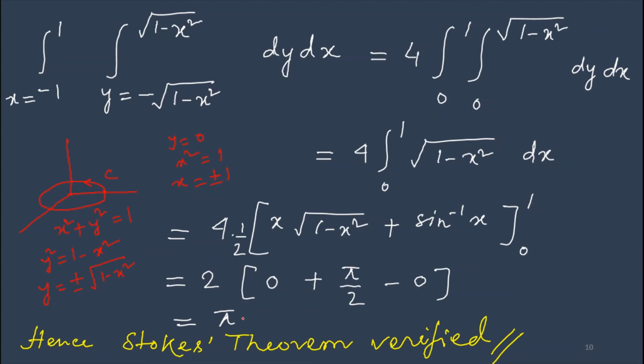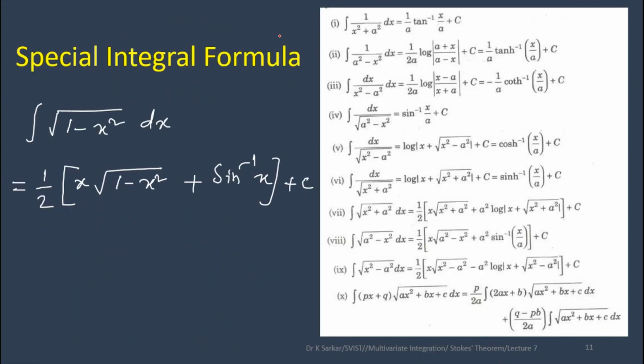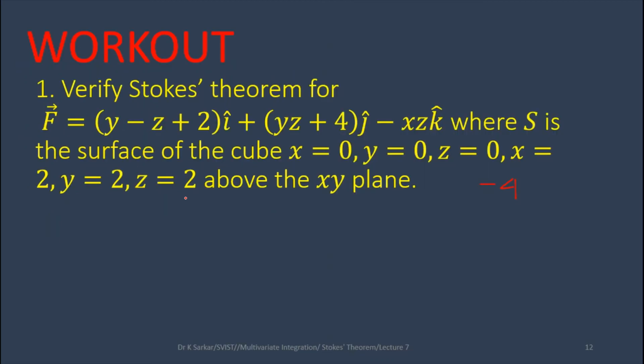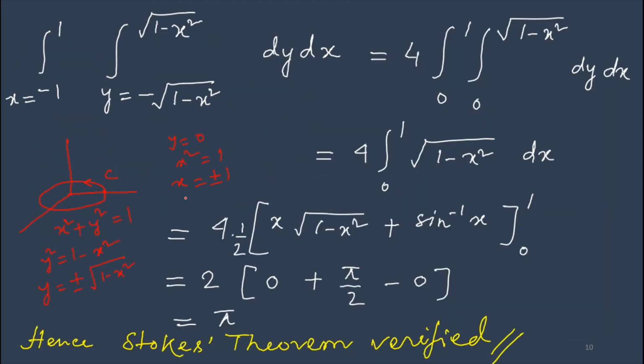Here we have used the special integral formula number 8. Just put a as 1 and you will get that. So the left hand side and the right hand side are both the same, and that is pi, hence Stokes theorem is verified.